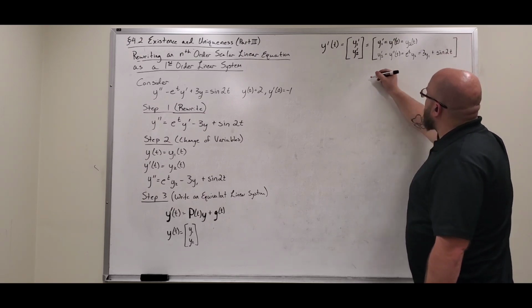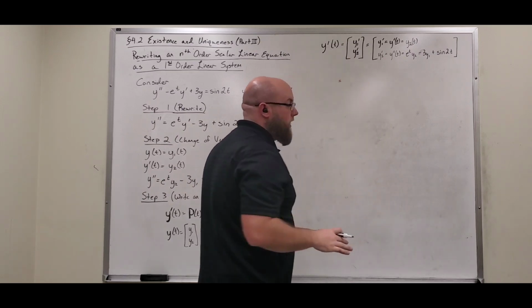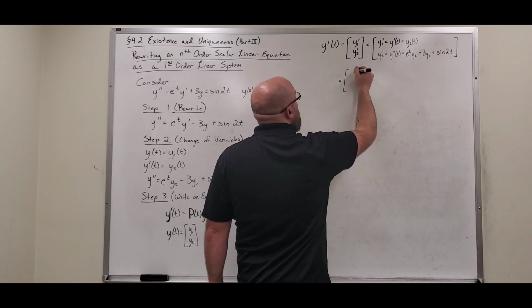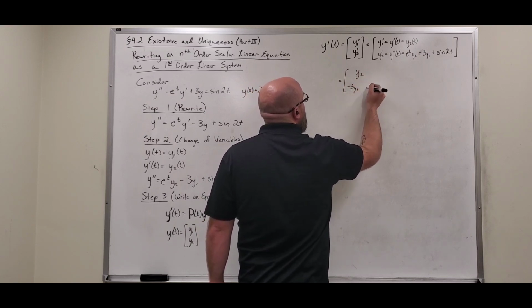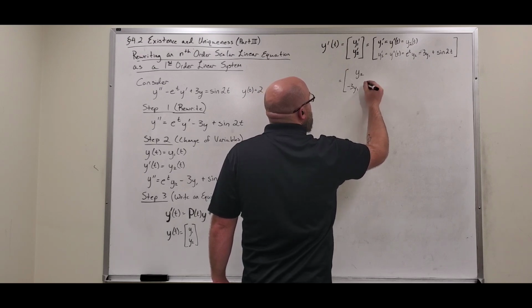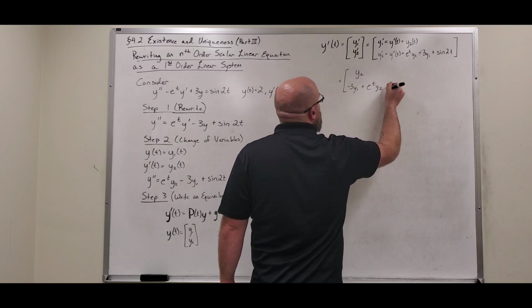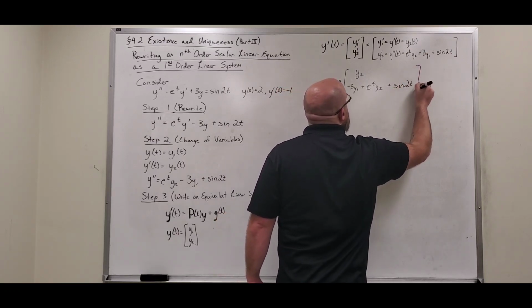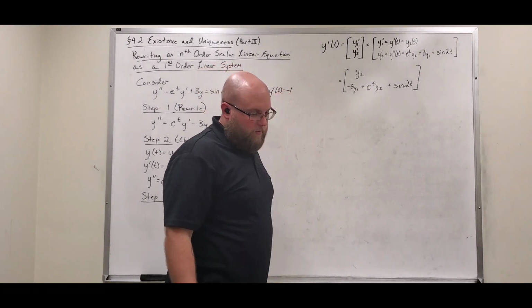Well, another way to write this, just to simplify this down, again, I'm just rewriting here. This becomes y2 negative 3y1 plus e to the t y2 plus sine of 2t. Notice that it looks like that system that we're looking for.